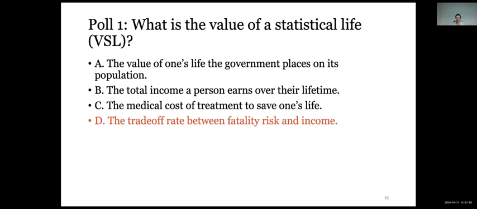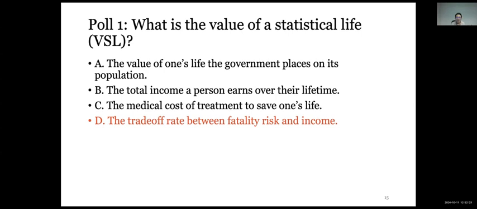This is not correct, because the value of statistical life is not what the government decides. It is decided by the collective preferences of the general population on their marginal trade-off between their mortality risk and their income. Therefore, it is not determined by the government, and is actually a value reflected by ourselves.